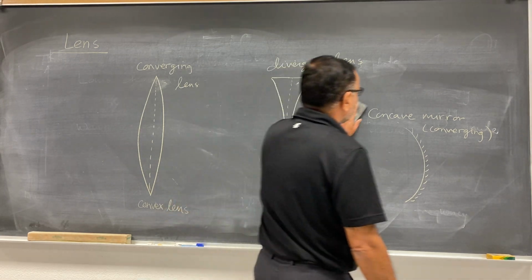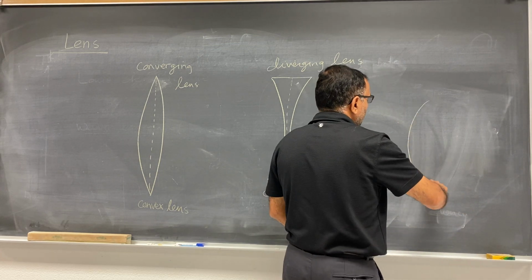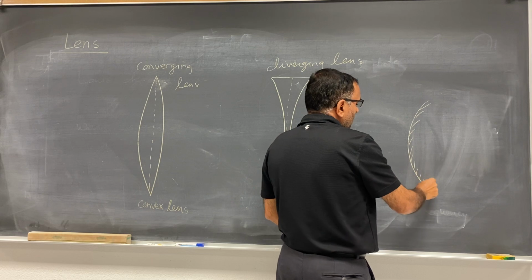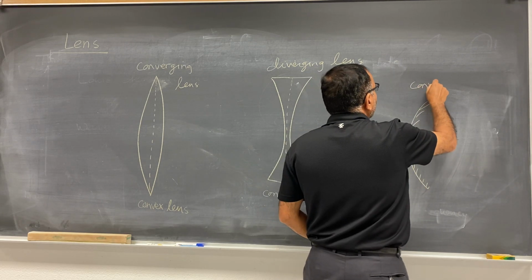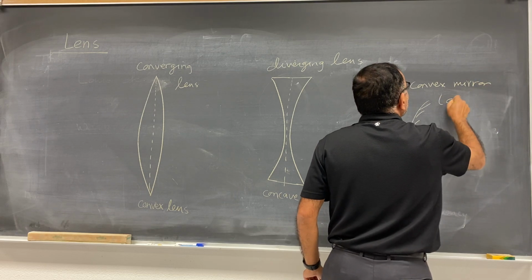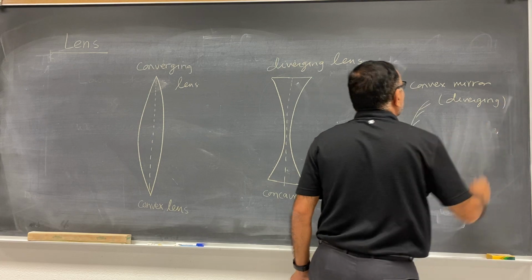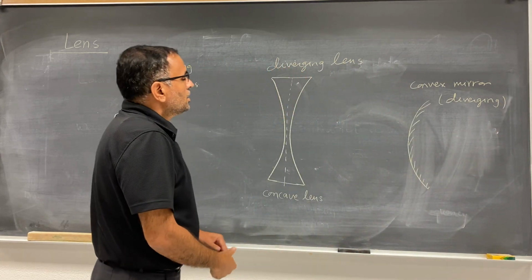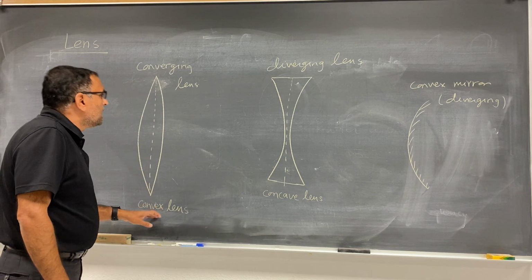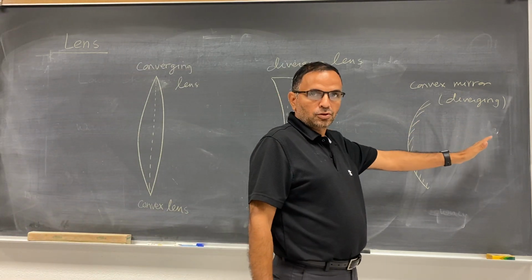Convex mirror is like this. This is your convex mirror, and this is called the diverging mirror. So here convex lens is converging, convex mirror is diverging, don't confuse.